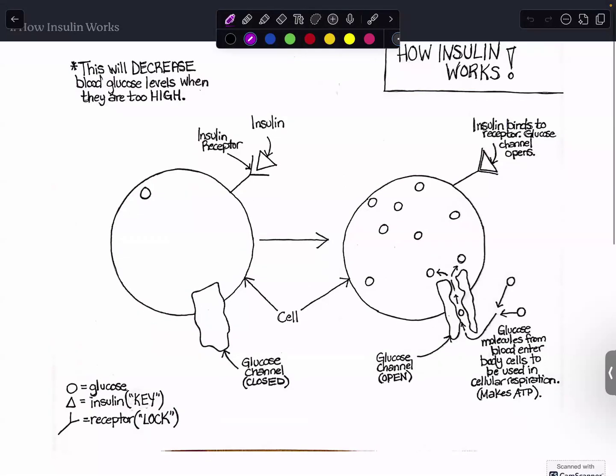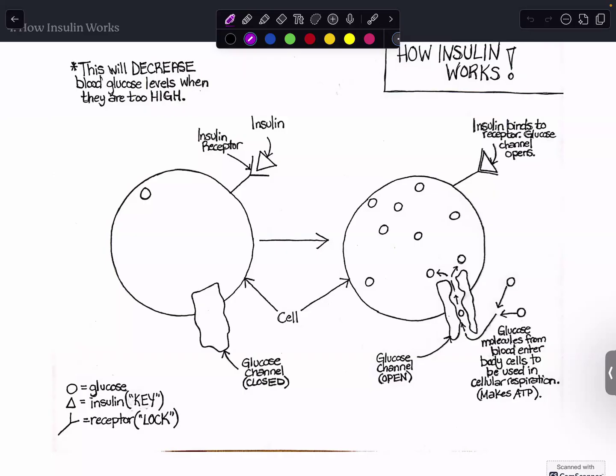All right. So I drew this lovely depiction, which I'll also give you guys your own copy as well, of how insulin works, right? At the cellular level. All right. So again, insulin functions by decreasing blood glucose levels when they are too high.